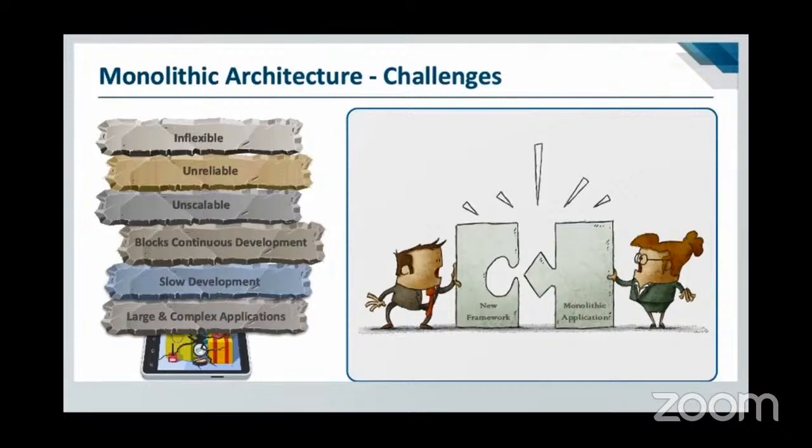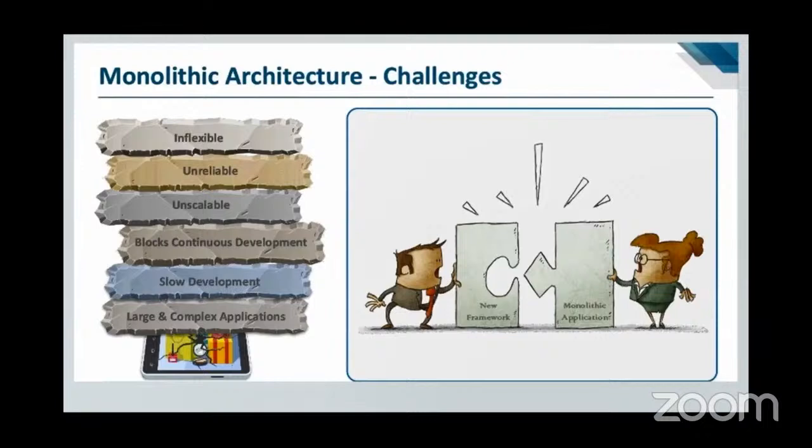At the same time, if you want to implement a new framework, even though it is very good or beneficial, companies would hesitate to implement it because it would involve a lot of cost in terms of time, effort, money and resources, because you have to change the code of the entire application. You can't make changes in isolation. You have to change the framework or the technology of the entire application.